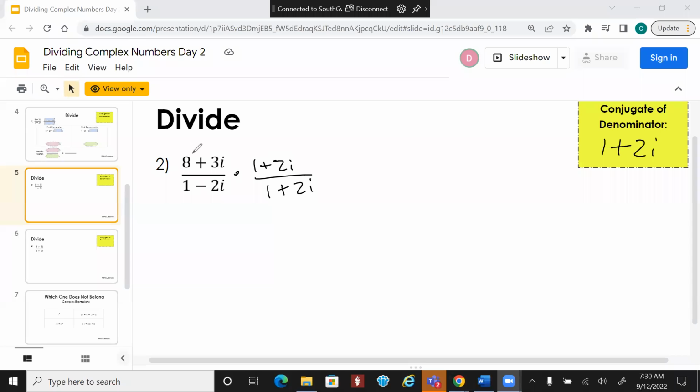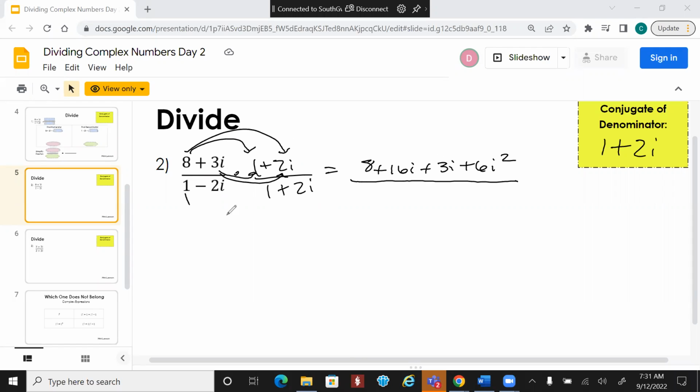All right, so when I multiply this out, 8 times 1 gives me 8. 8 times 2i, that's 16i. 3i times 1 gives me 3i. And 3i times 2i gives me 6i squared. I'm going to go ahead and multiply out the bottom.